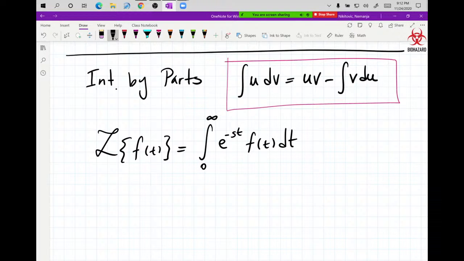There are a couple of very important features for this particular transform, but the most important part is that you have this multiplication of two separate functions here, which you can use in your u dv format. You can attach, let's say, f of t dt or whatever is working there for you.